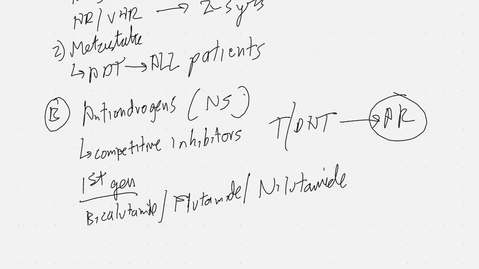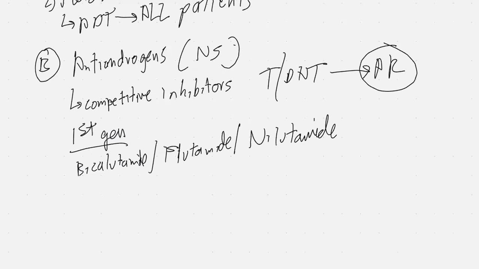We use bicalutamide when you start a patient off on GnRH agonist to tide over the initial testosterone surge, right? So we use it along with GnRH agonists. But apart from that, we currently don't frequently use these first generation anti-androgens because we have better drugs. Okay, only bicalutamide is probably prominent along with GnRH agonists in the initial phase.